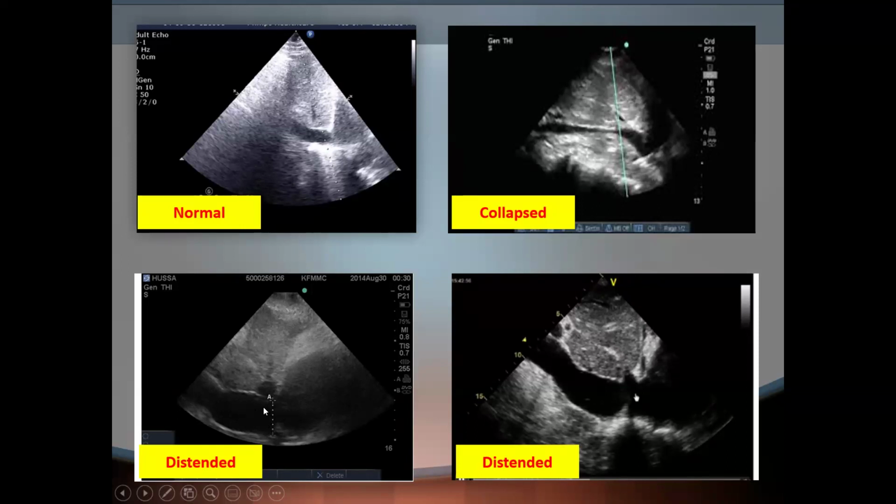Here you can see the IVC distended, but this is a static measurement, not a dynamic measurement. If the patient is already on a mechanical ventilator with high pressure, or already has right-sided failure, severe tricuspid regurgitation or even tamponade, the IVC is already distended.